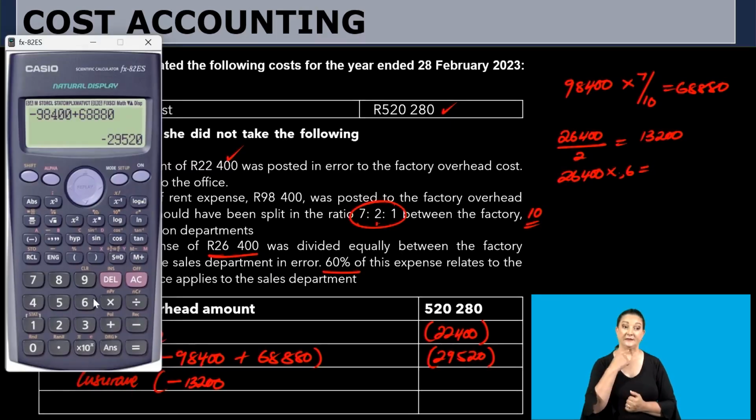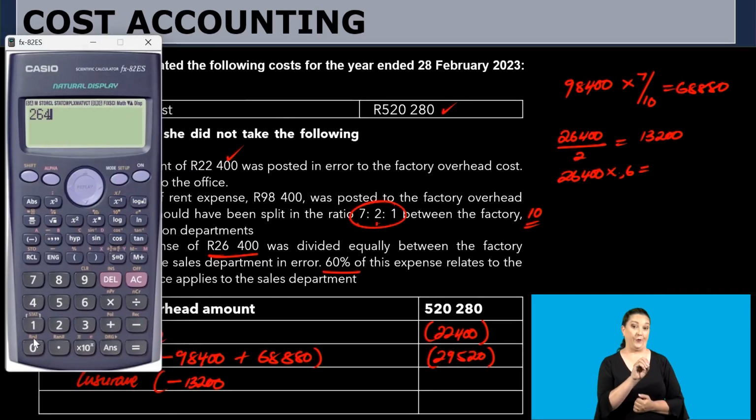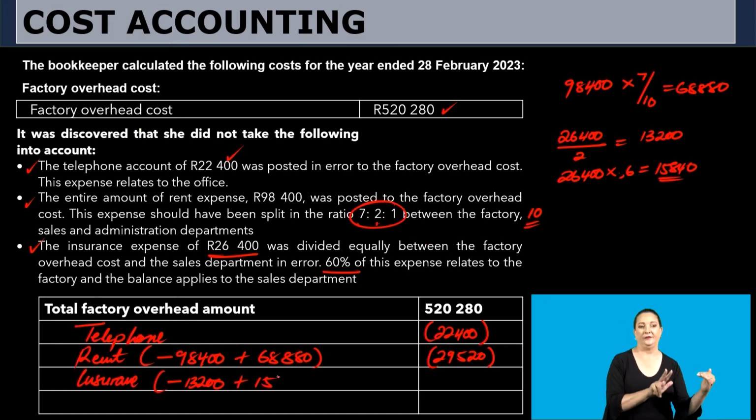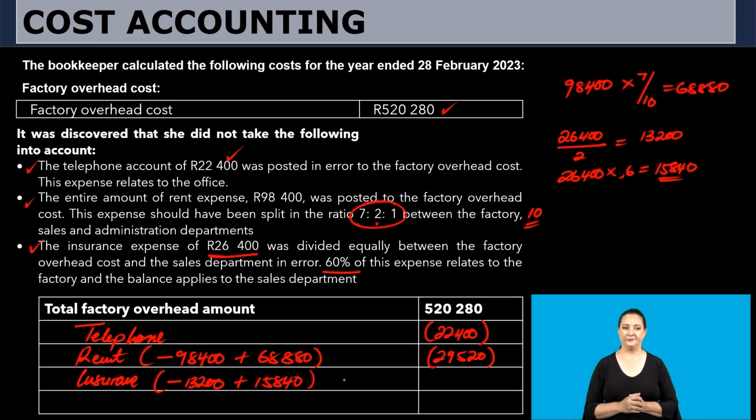Let's see how much that gives us. 26,400 multiplied by 60% is 15,840. This is what was supposed to be recorded. So I'll say plus 15,840. Now I can close the bracket.